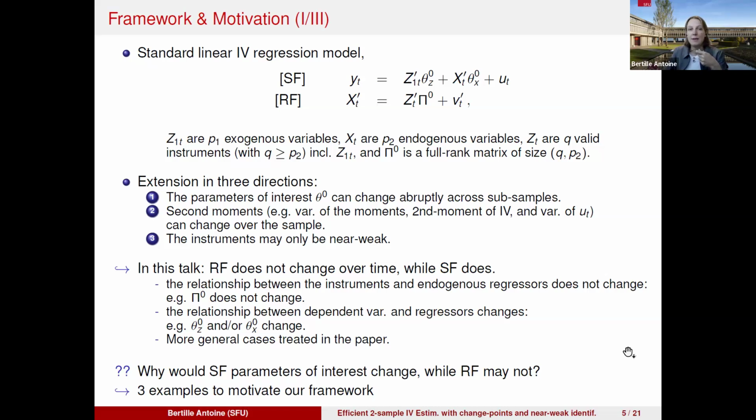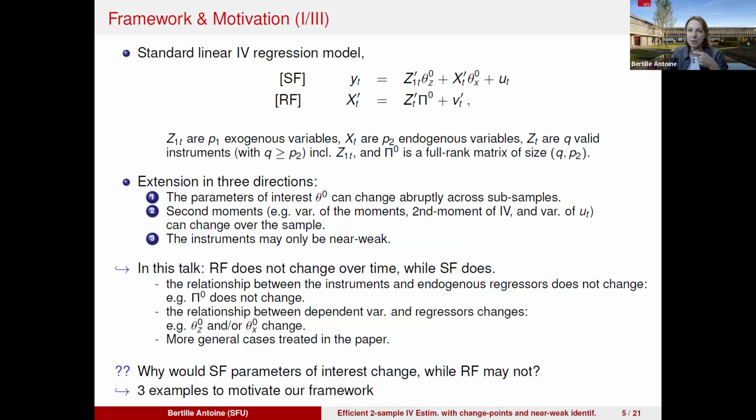We are extending this standard model in 3 directions. We want the parameters of interest, or the slope parameters, theta z and theta x, to be allowed to change abruptly across subsamples. We also want to allow for second moments to change abruptly as well.